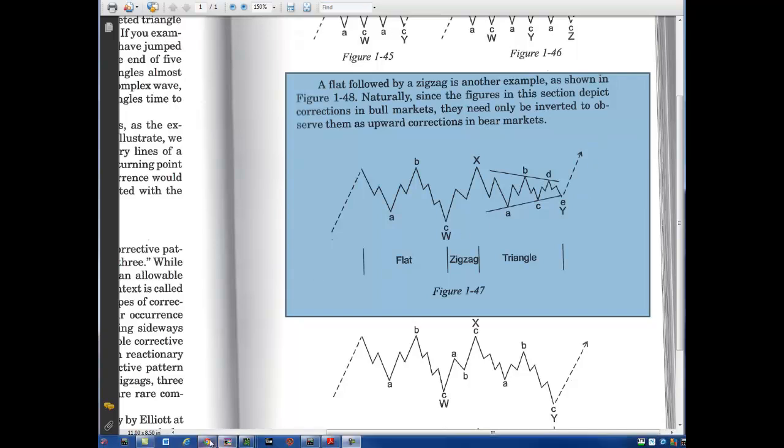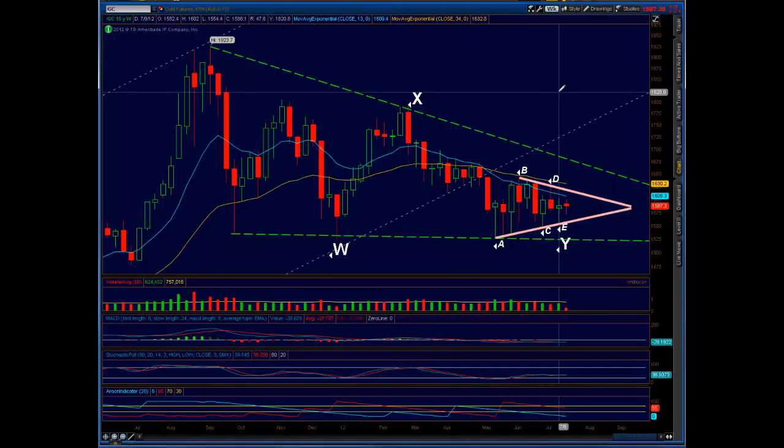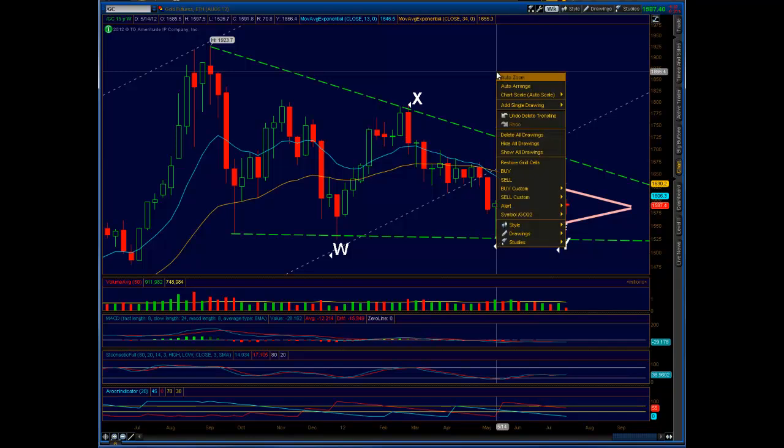Now let's go back to the chart. Many things are telling me, not only from my analysis and from the book, that this will resolve to higher prices.